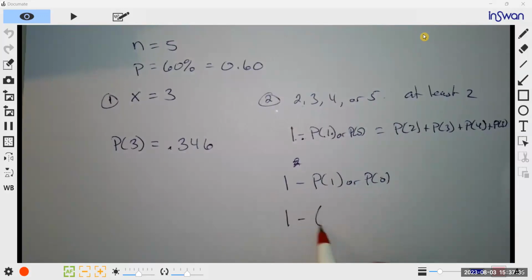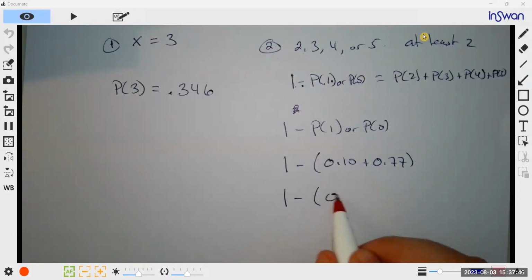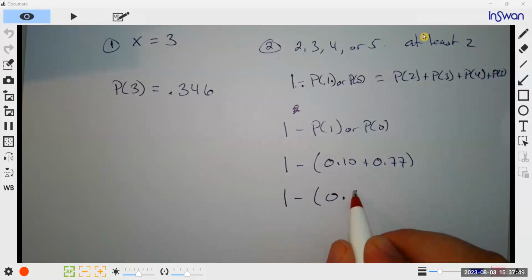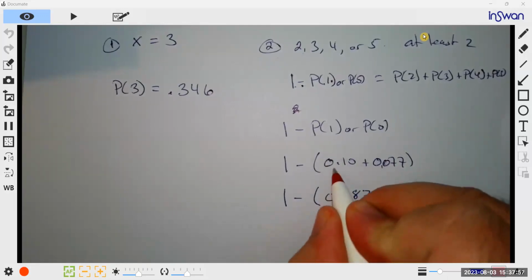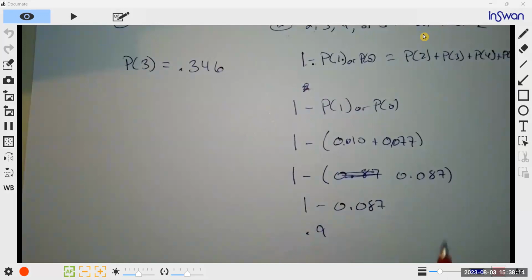So we add those two together, 0.010 plus 0.077, and we get 0.087. So 1 minus 0.087 would make it 0.913.